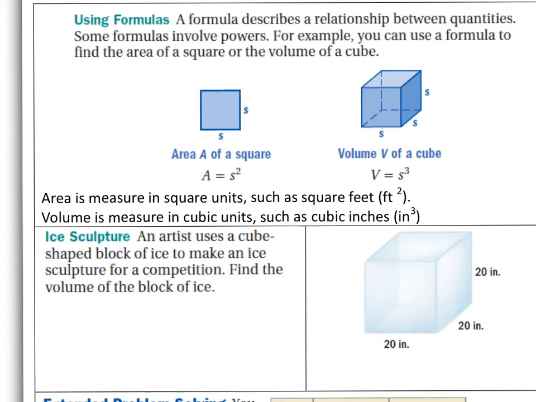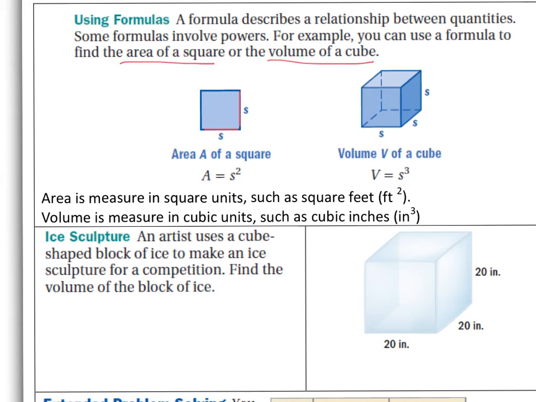Before I go over some word problems, I would like to review some formulas for geometry. A formula describes a relationship between quantities. Some formulas involve powers. For example, you can use a formula to find the area of a square or the volume of a cube. To find the area of the square, you just take the length of one side and multiply it to the other side.